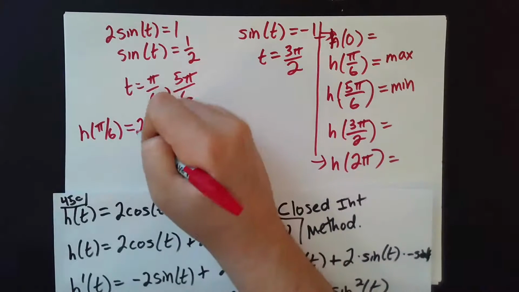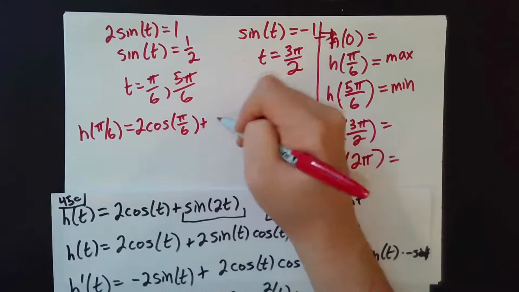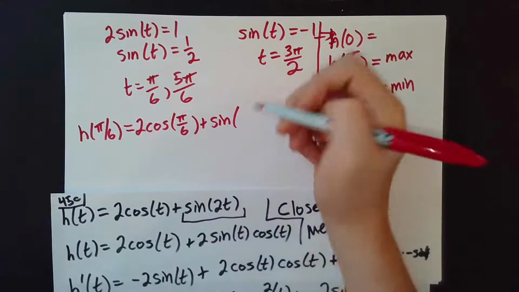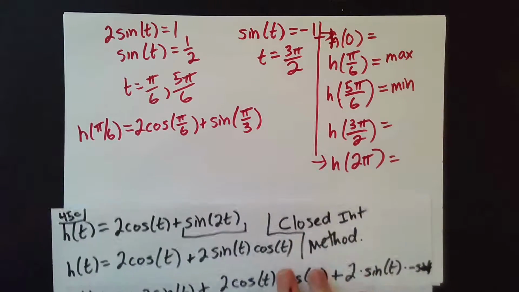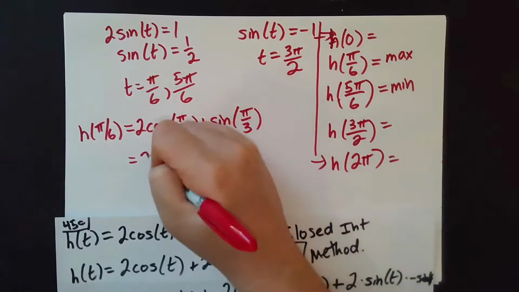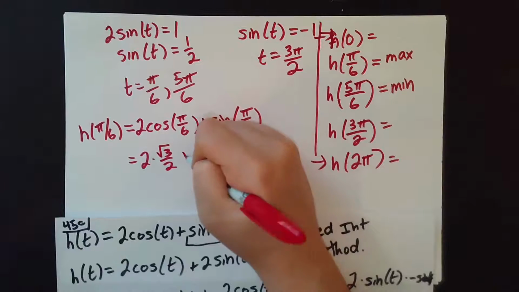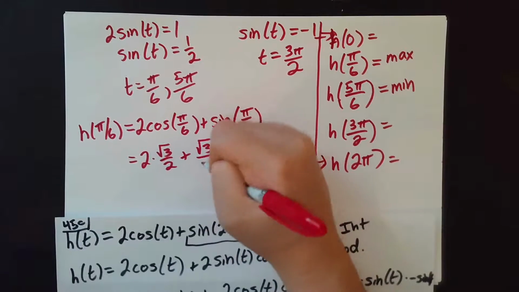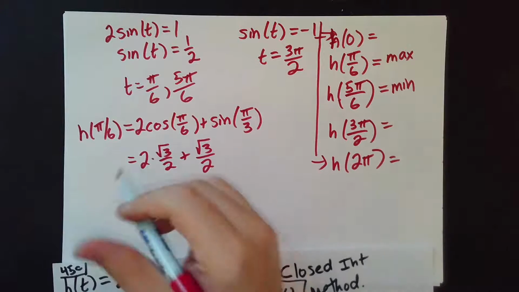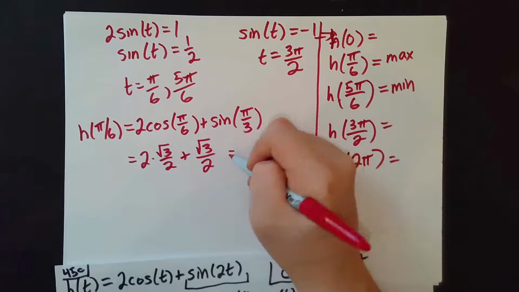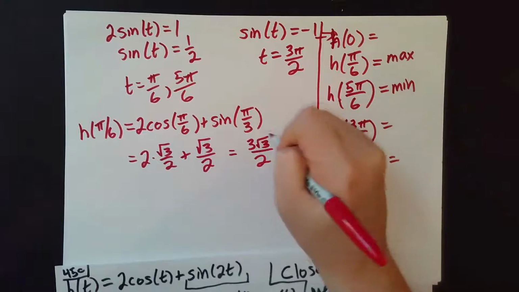So this is going to be 2 cosine of pi over 6 plus sine of 2 pi over 6, I'll just go ahead and write as pi over 3. So this is 2 times root 3 over 2, plus root 3 over 2. And so that is 3 root 3 over 2. Okay, so that is the max value.